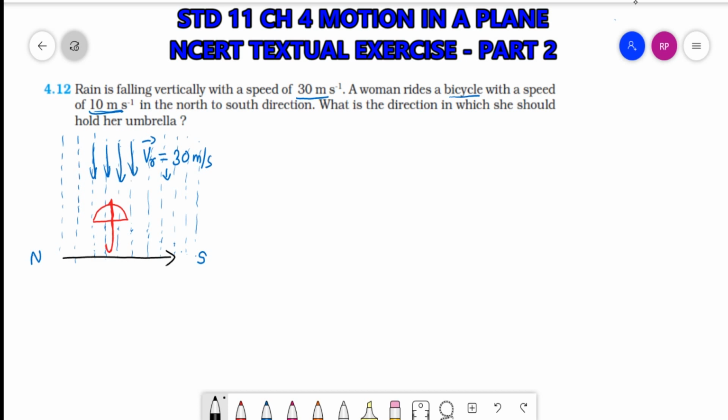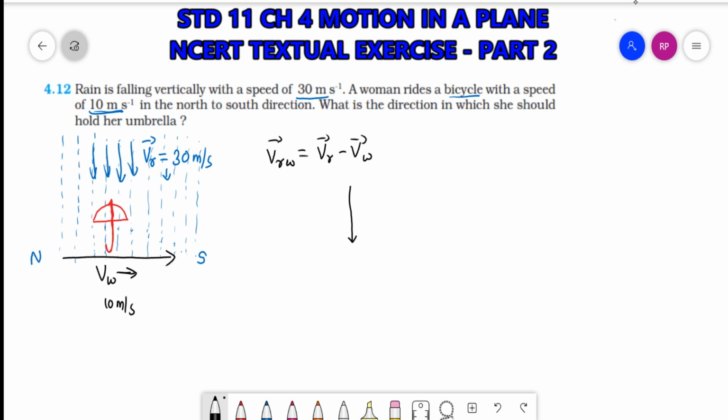So the relative velocity of rain with respect to the woman will be equal to VR minus VW. Now what is the direction of rain? VR is in downward direction. What is the direction of the woman? This woman is moving in this direction with 10 meter per second.